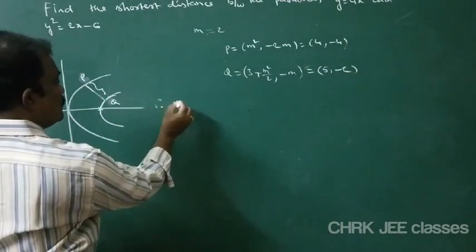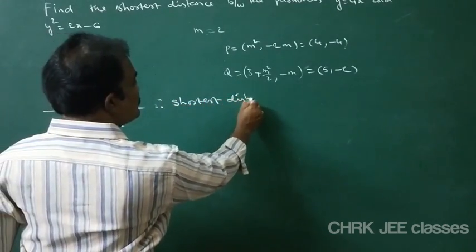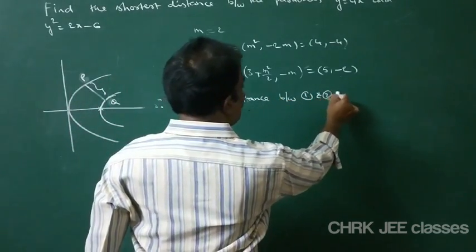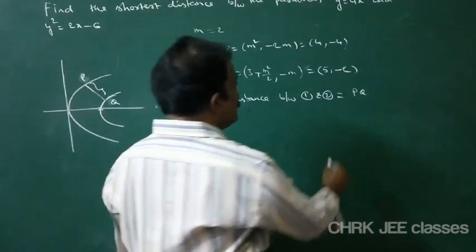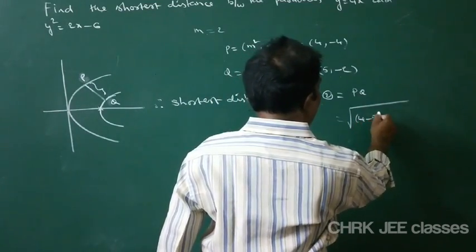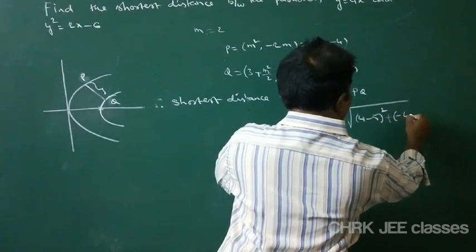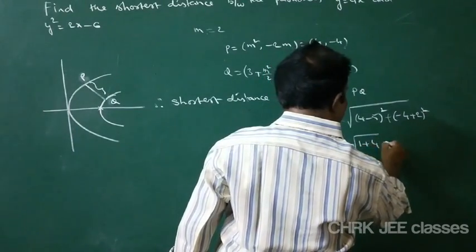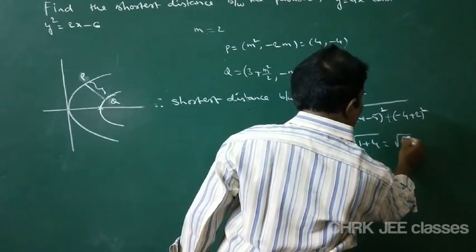Therefore the shortest distance between 1 and 2 equals PQ. Why? Because it lies along the common normal. That equals root over 4 minus 5 whole square plus minus 4 plus 2 whole square. That equals 1 plus 4, that equals root 5 units.